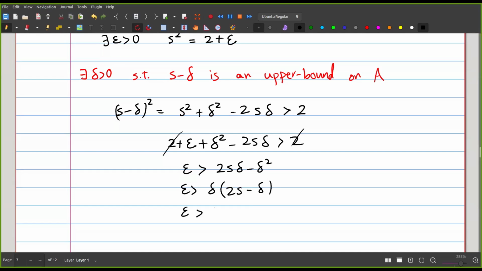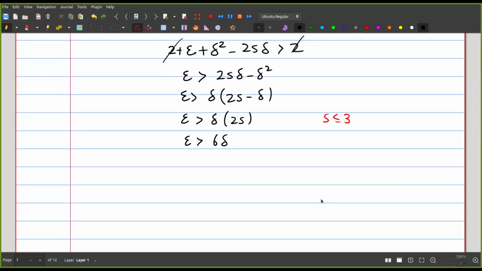It's enough if I have epsilon greater than delta times 2S. And again, remember that I know my S is less than or equal to 3. So it's enough if I have epsilon bigger than 6 delta. So just choose a delta that is less than epsilon over 6.